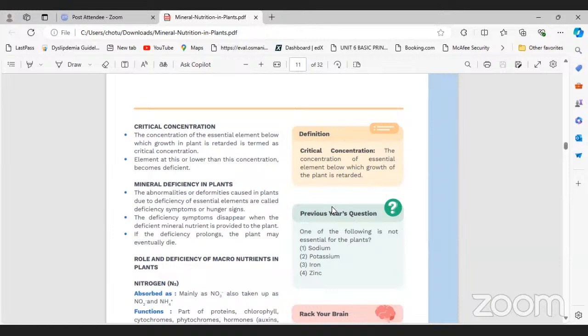Mineral deficiency in plants: the abnormalities or deformities caused in the plants due to deficiency of essential elements are called deficiency symptoms or hunger signs.